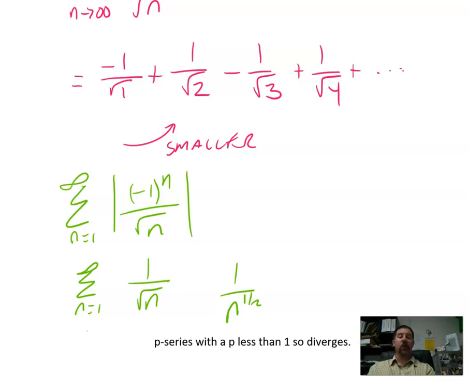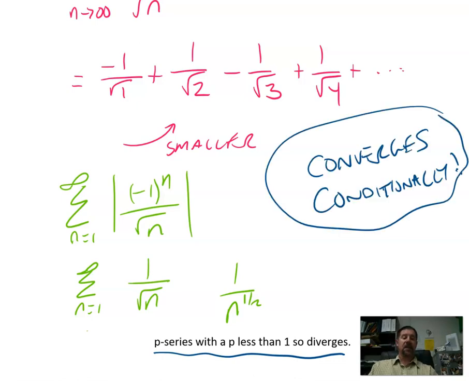Because the original series converged and the absolute value diverged, I know that this is only going to converge conditionally. This is conditionally convergent. That's what we mean by conditionally convergent: the regular one does converge, but the absolute value does not.